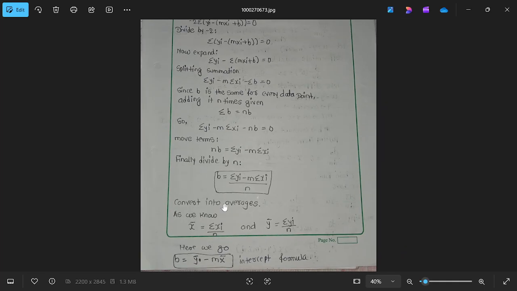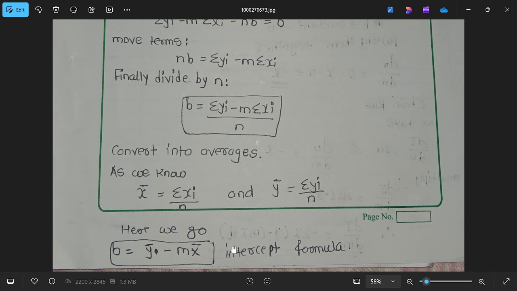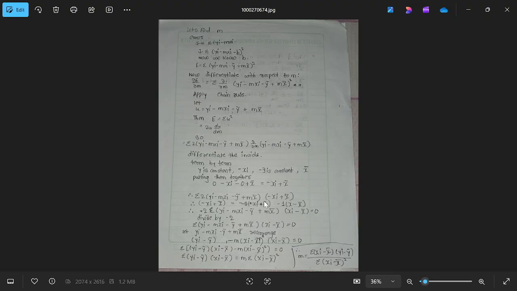So this is our final formula of the intercept: y bar minus m x bar. Now we have got the intercept formula here. Let's move ahead.